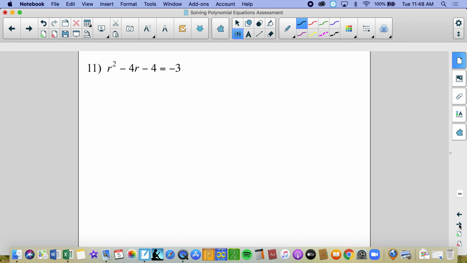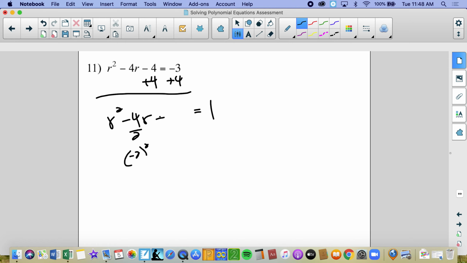All right, number 11, we're still completing the square, so we have to move that c value over and isolate the a and b. And remember, a has to be equal to 1. So since a is 1, we can just move the c value over, and now we're going to complete the square. So we'll divide by 2, and we'll square it to get positive 4.